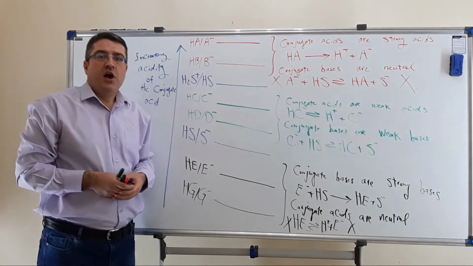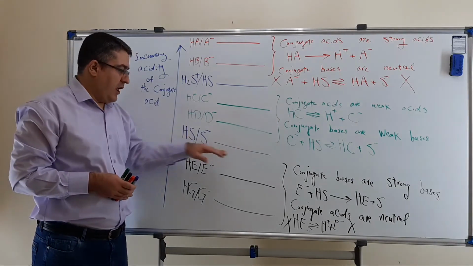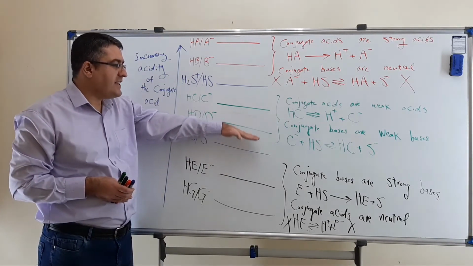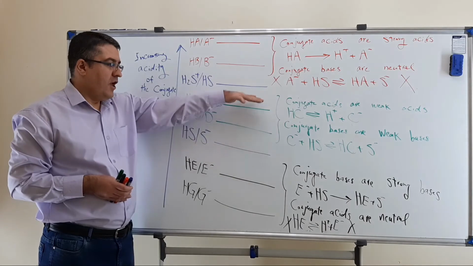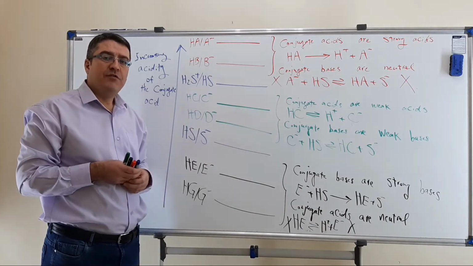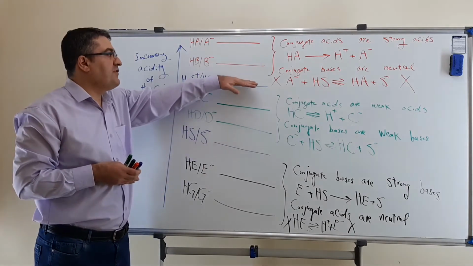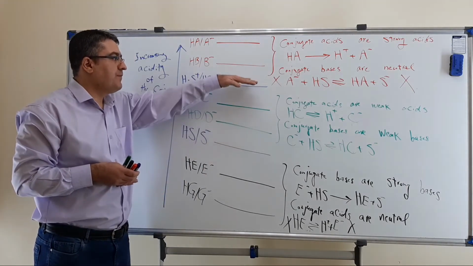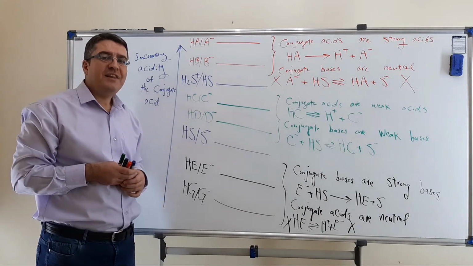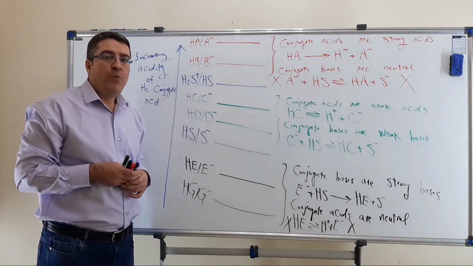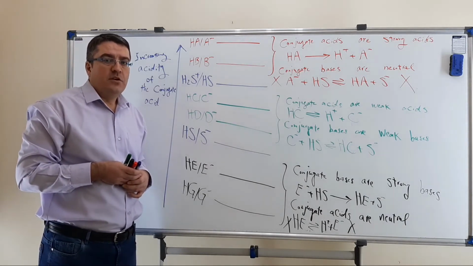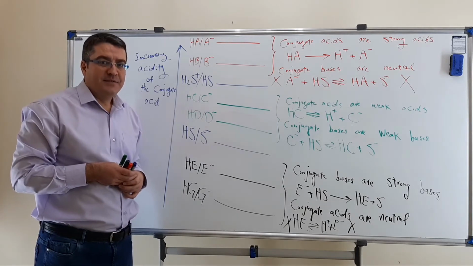In other words, solvents with higher acidities are leveling solvents for more bases, for weaker bases. And solvents with higher basicities are leveling solvents for more acids, for weaker acids.